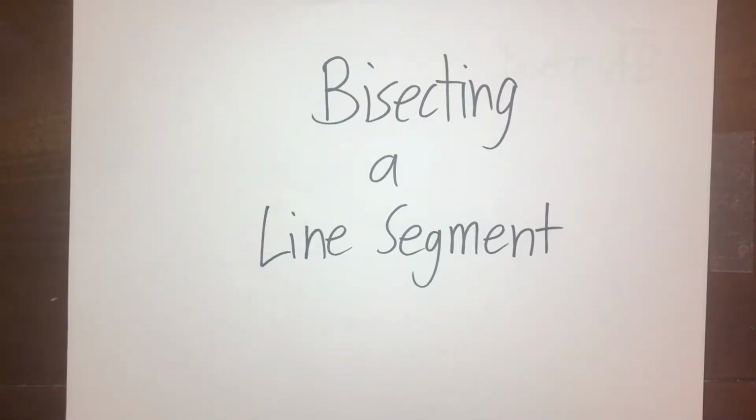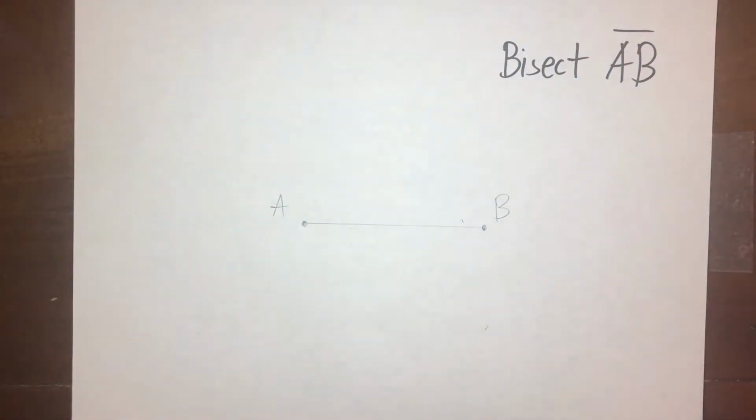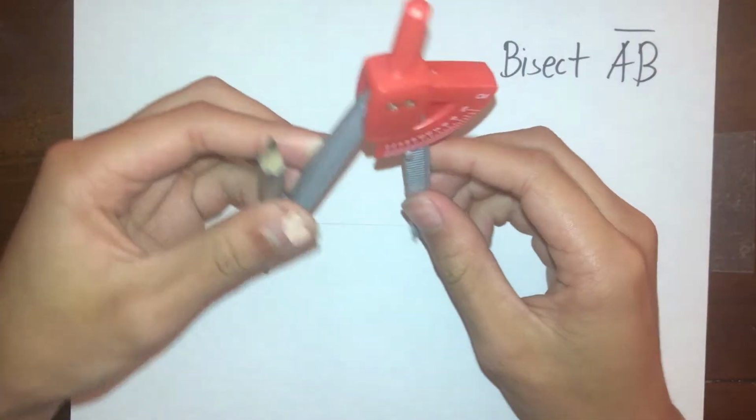Bisecting a line segment. We're given the segment A and B and told to bisect it. Once again, get your compass.